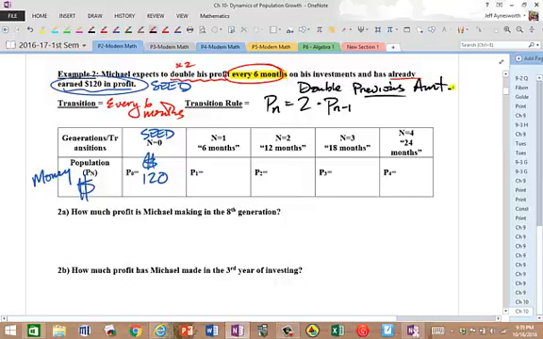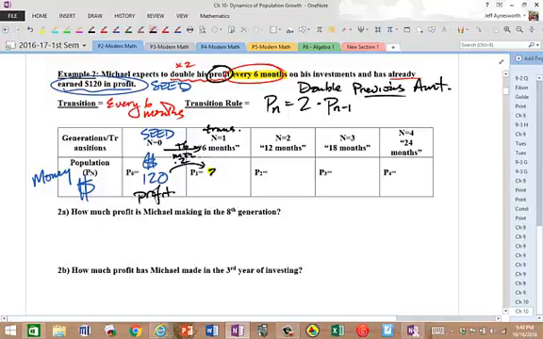Knowing that, and this is profit now, after 6 months, after one transition, n equals 1 time period, which is 6 months, what's the amount of money you have? Well, you double, so you multiply by 2. 2 times 120 is 240.